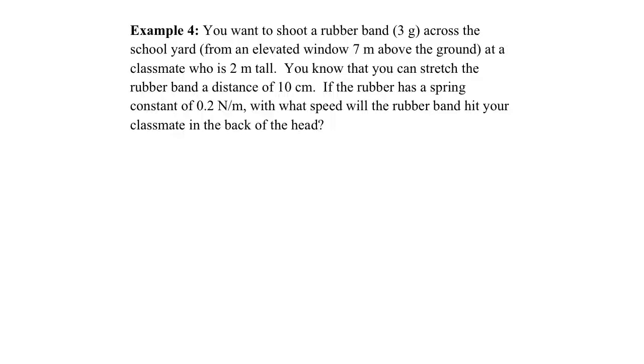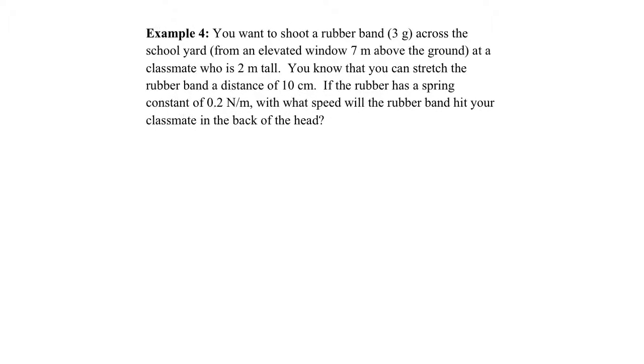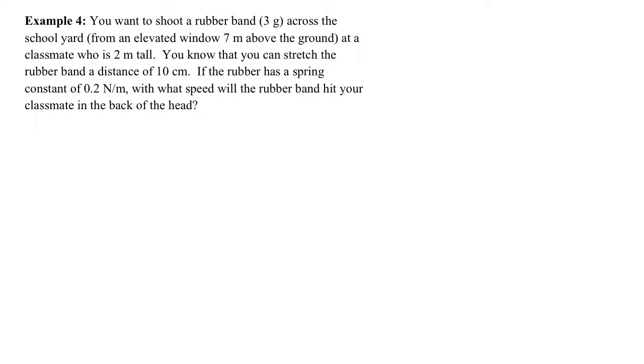Now, a bit of a more elaborate problem simply because of the arrangement. So let's go ahead and start with a diagram over here. So here you are. Here's the ground. Here's your classmate. It's important to draw your classmate in this problem because your classmate has what?